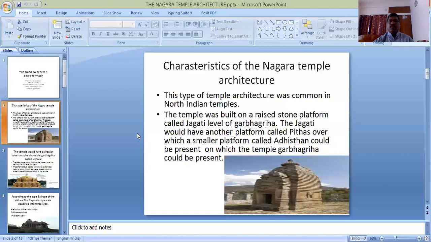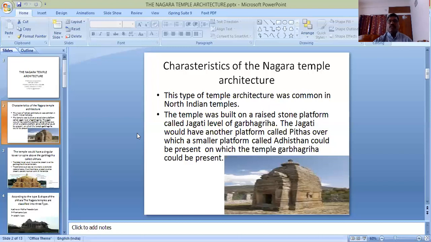of Nagara temple architecture. And the Jagati would have another platform called Pithas. That means Pithas is another platform which is situated with the Jagati, over which a smaller platform called Adhisthan, where the deity is situated, could be present, on which the temple garbhagriha could be present.